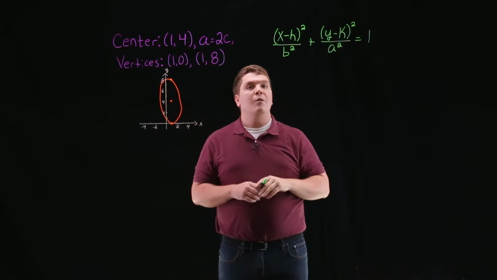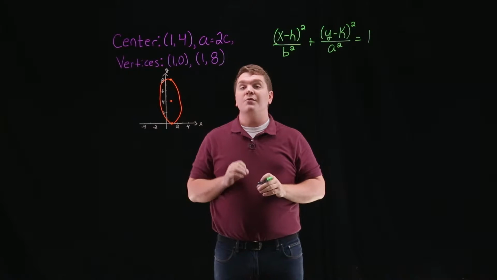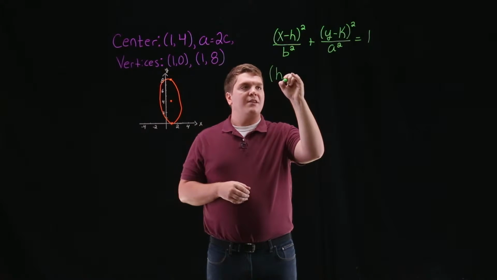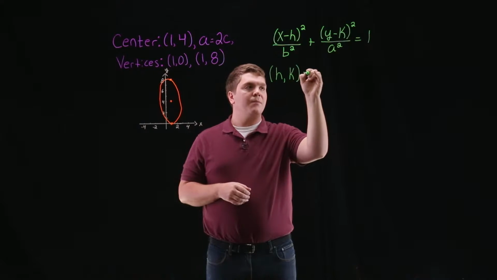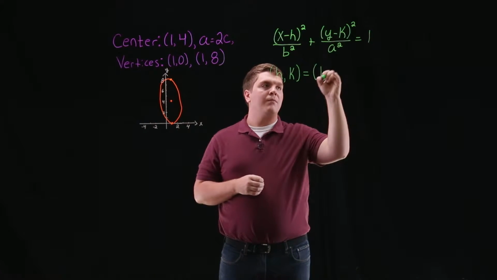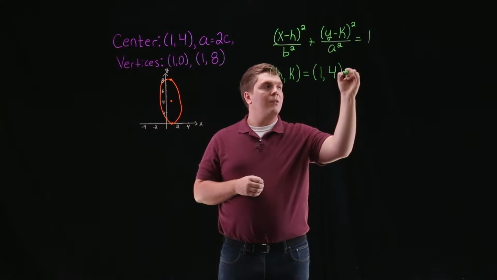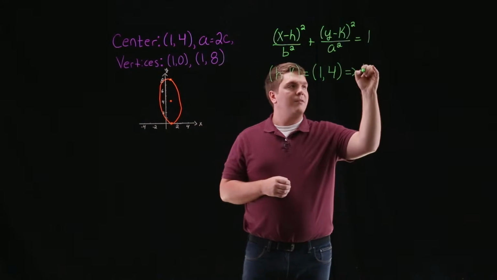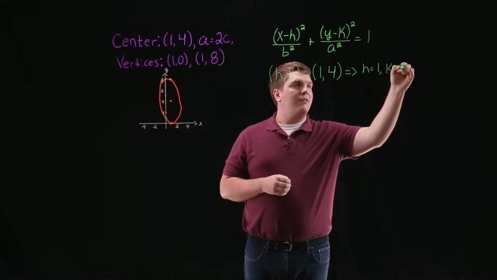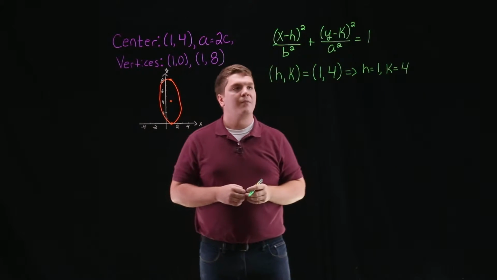Now, h and k are pretty easy to find because those come straight from the center of our ellipse. We know that the point (h, k) is the center, and in this problem, that center is the point (1, 4). So h is equal to 1 and k is equal to 4.